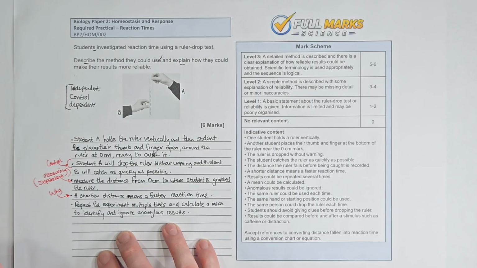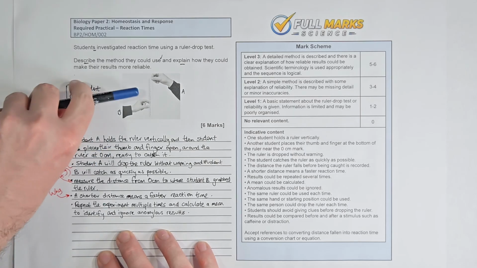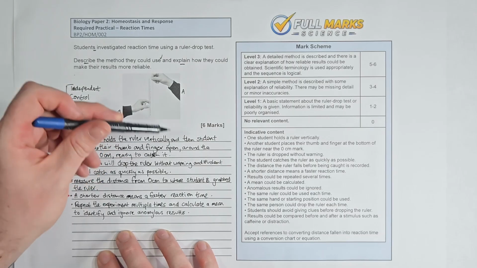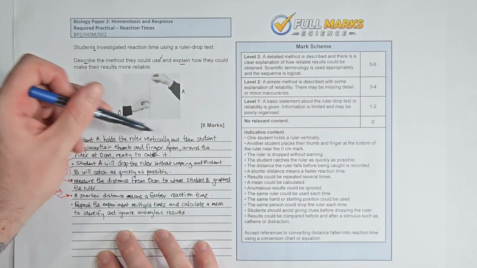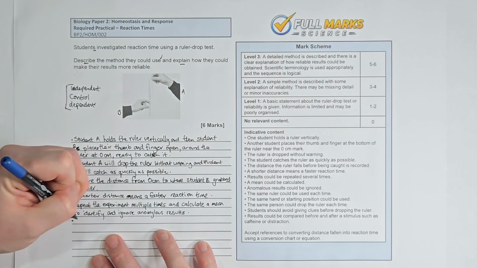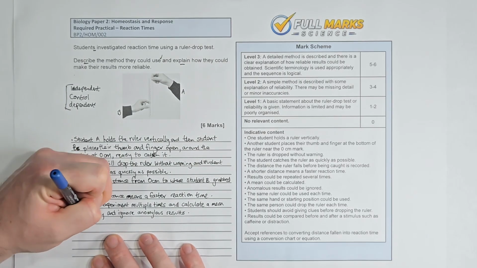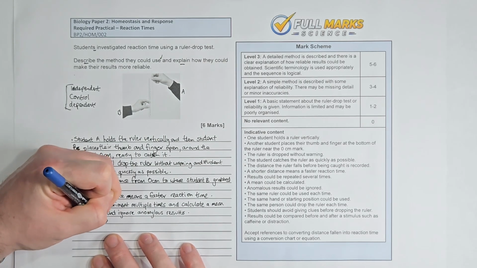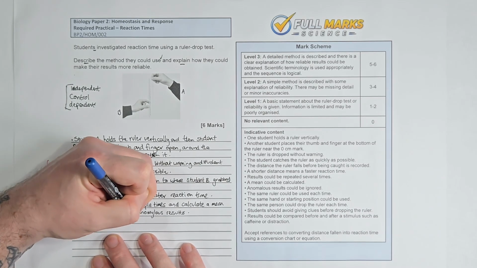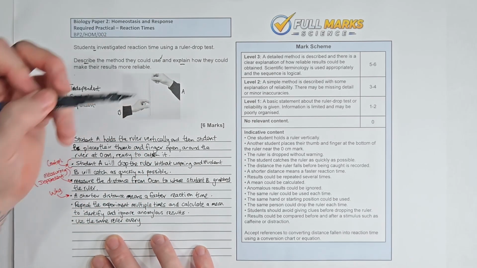So what other things could we do to improve the experiment? The actual equipment, that's always a good point to start with whenever we're talking about making an experiment reliable, is using the same equipment every time. So I'm just going to say use the same ruler every time. But I'm also going to explain why, because that's what we need to do.